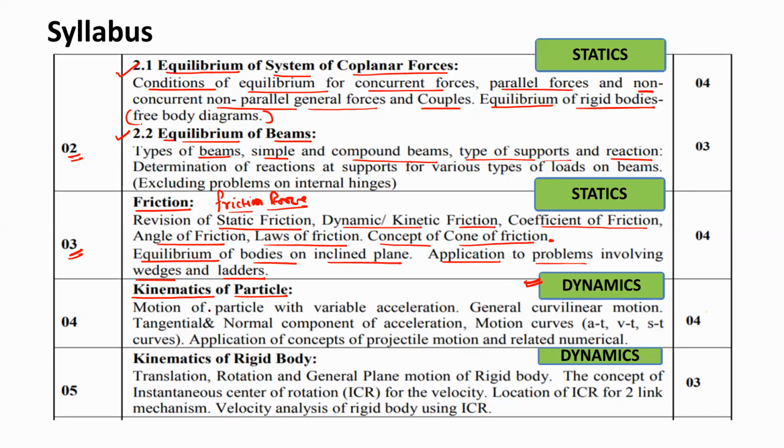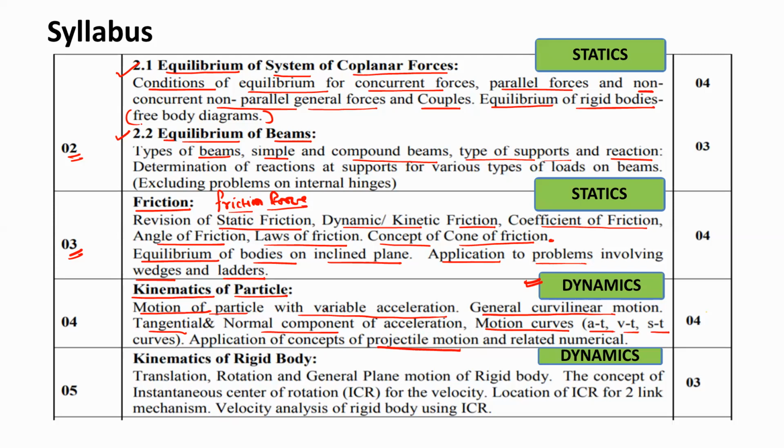In the kinematics of particle, the first point is motion of a particle with variable acceleration, then general curvilinear motion, tangential and normal components of motion, then motion curves, that is, we have to plot acceleration-time, velocity-time, and displacement-time curves, and the application of kinematics to projectile motion.